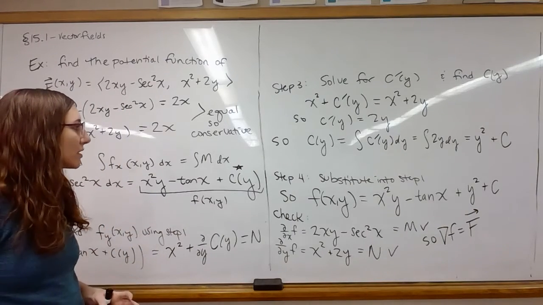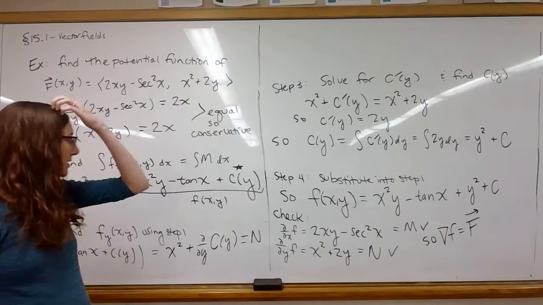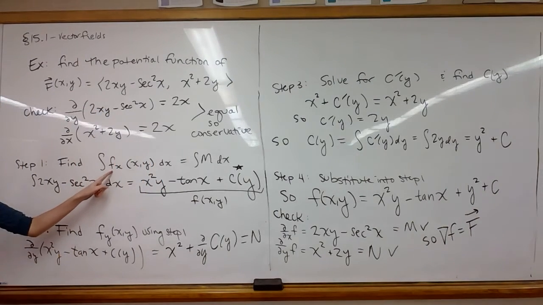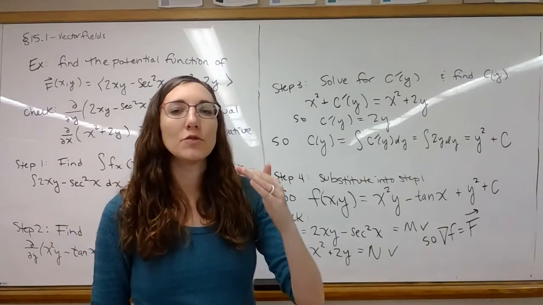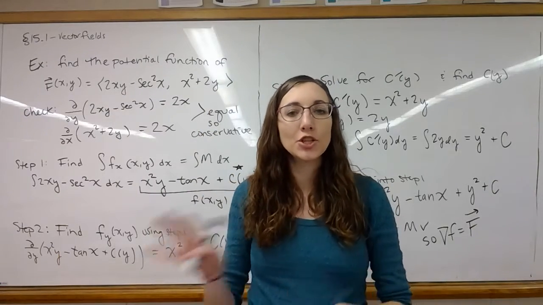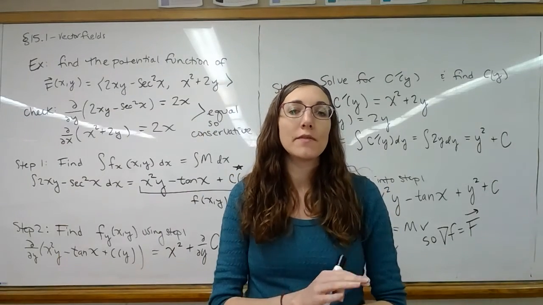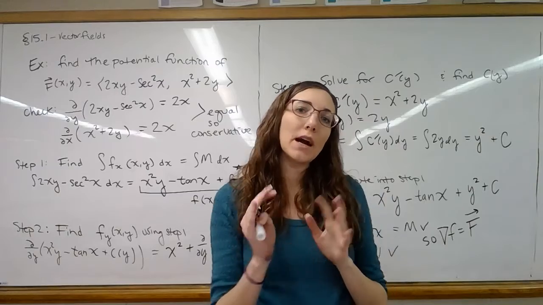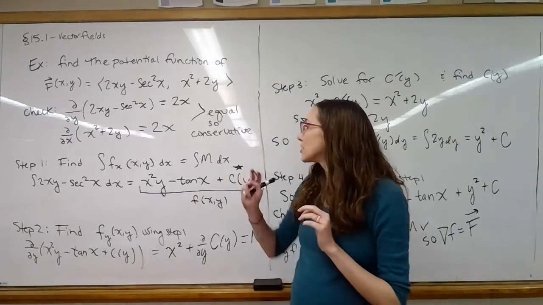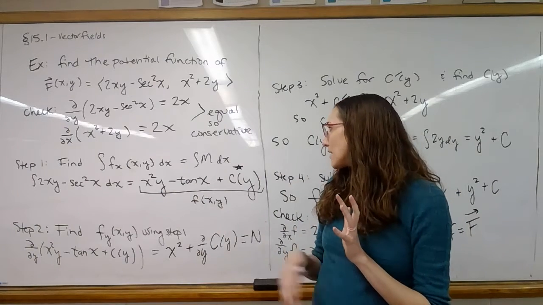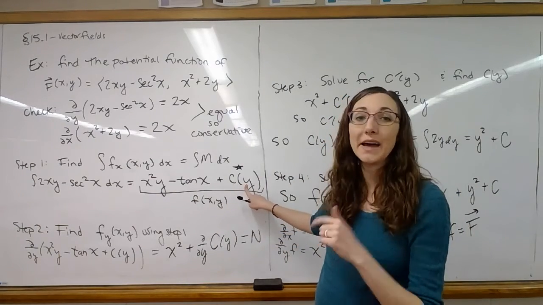If it seems easier, there's no particular reason that we chose to use the f sub x component first. You could use the f sub y component first, and then you would just have to adjust what you do after that. If you had started with the f sub y function, when you integrate with respect to y, you'd have a constant function with respect to x.